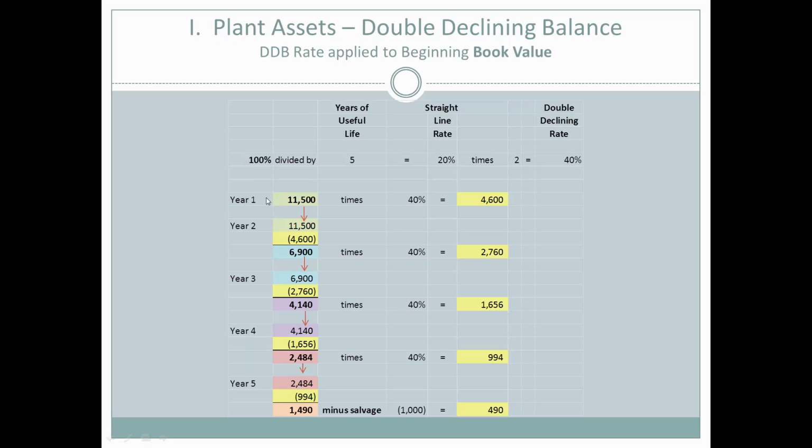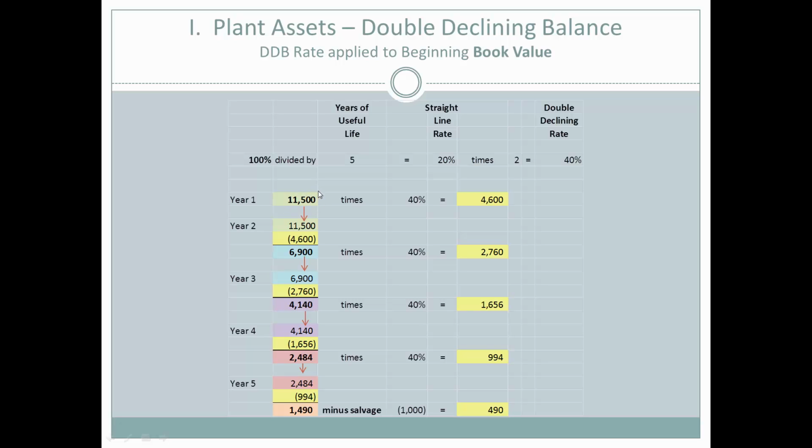So in year 1, we are using beginning book value, so there's no depreciation recorded or accumulated depreciation. So we're going to use our book value, cost minus accumulated depreciation. So that is $11,500 minus 0 accumulated depreciation. So our first calculation will involve $11,500.